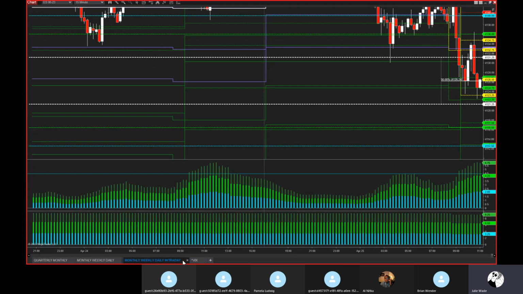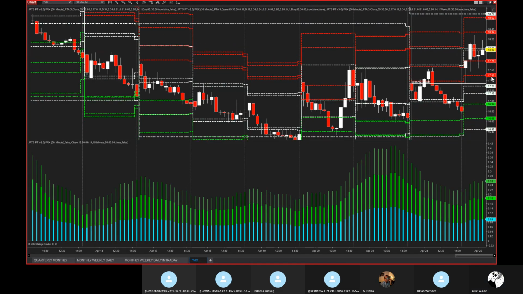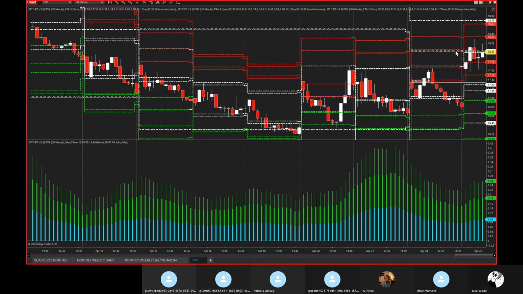Let's look at the VIX. And it's still pretty much trapped. They've pinned this level, got up a little bit, but it came back in.